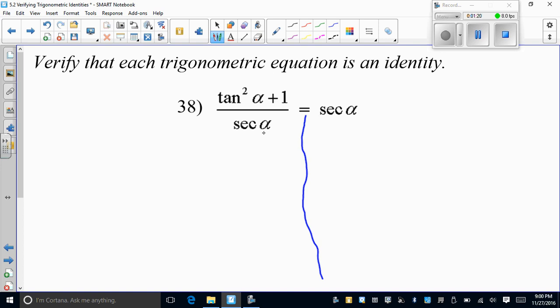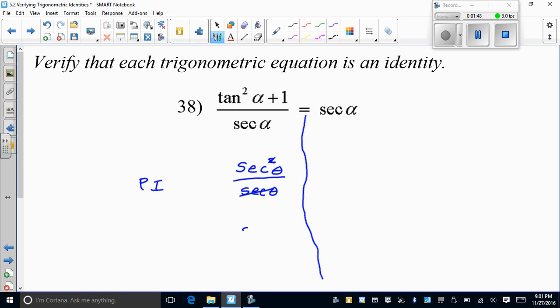I'm going to play with the top. This is a Pythagorean identity. Tangent squared plus 1 is secant squared. I'm going to put it on this side because it was a Pythagorean identity. And then secant squared, remember this means there's two of those, so this guy cancels with this, and you're left with secant of theta.